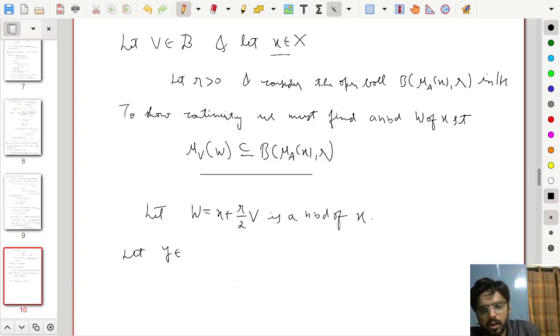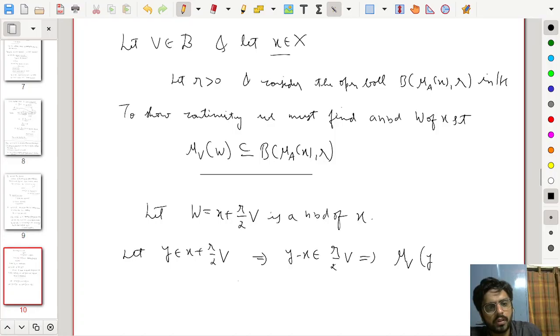Let y belong to x plus r by 2 times V. This implies y minus x belongs to r by 2 times V. This implies mu V of y minus x is less than or equal to r by 2.